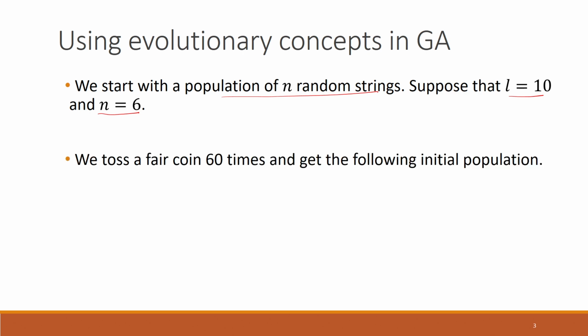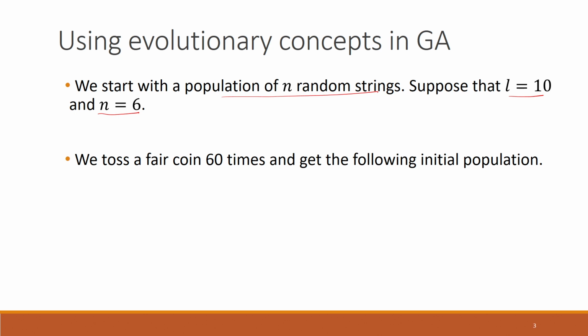So, how do we generate these 6 strings initially when L is equal to 10? That can be done by tossing a fair coin 60 times and getting the initial population. A fair coin means that it has half probability of getting tails and half probability of getting heads. And why do we need to toss it 60 times?